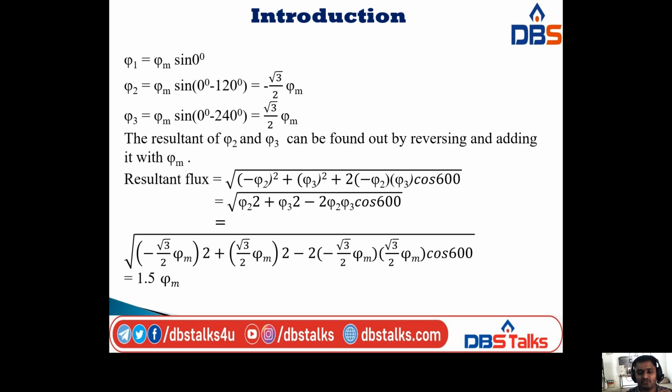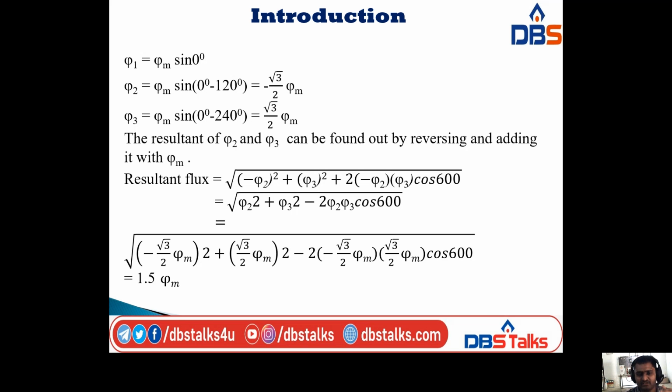And phi 3 is equal to, from the previous slide, phi m into sin of theta minus 240. Considering theta equal to 0, sin of 0 minus 240 is root 3 by 2 into phi m.